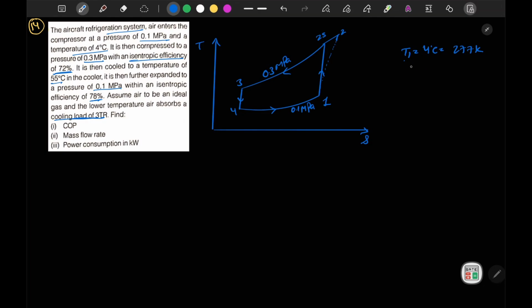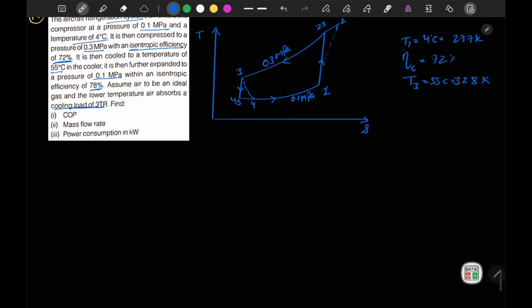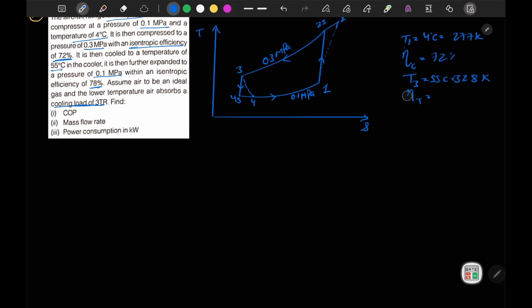T2 is not given; it is given that the isentropic efficiency of the compressor is equal to 72%. Next, T3 is given: it is cooled to 55 degrees Celsius, that is 273 plus 55, which is 328 Kelvin. Next, it is expanded to a pressure of 0.1 megapascal, so this will be 4 and this is 4s. The isentropic efficiency of the turbine, eta T, is given as 78%.